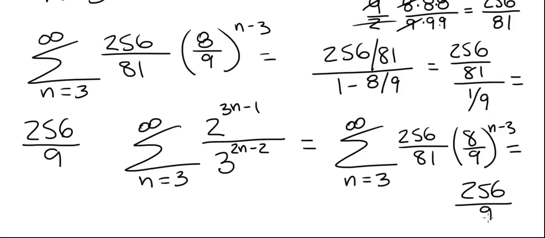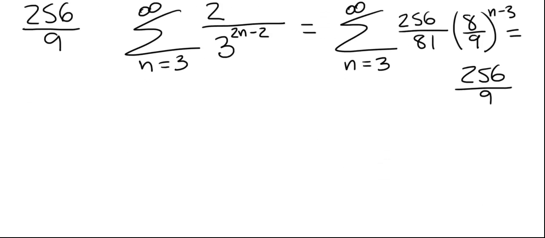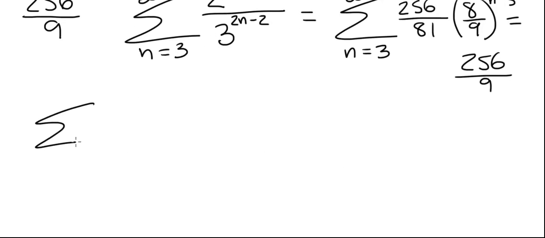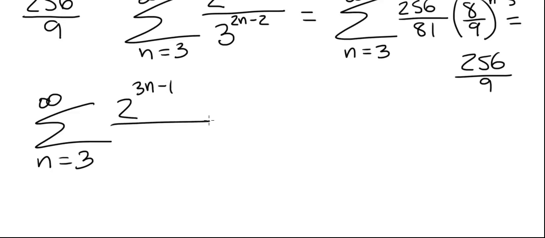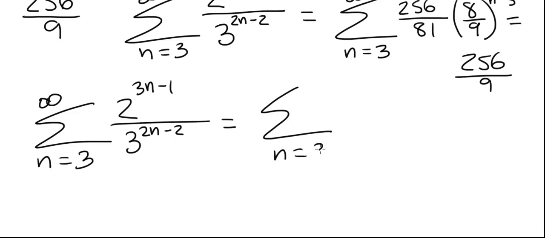256 over 9. Now, we could arrive at this answer in another way. Again, we start with the series n equals 3 to infinity of 2 to the 3n minus 1 divided by 3 to the 2n minus 2, and we were able to express this series as the summation from 3 to infinity of 9 halves times 8 over 9 to the n.